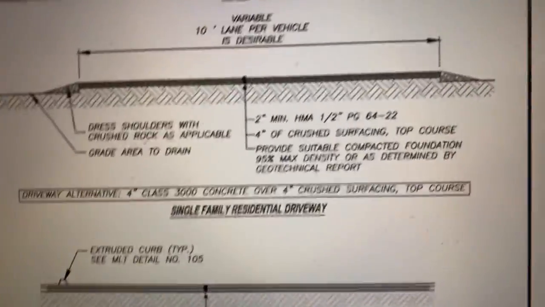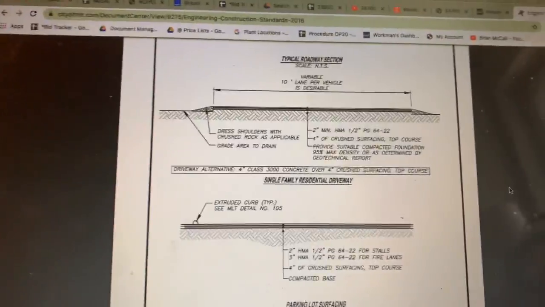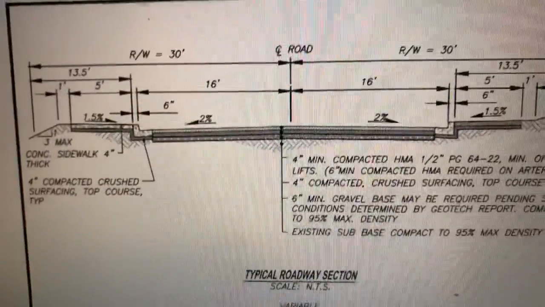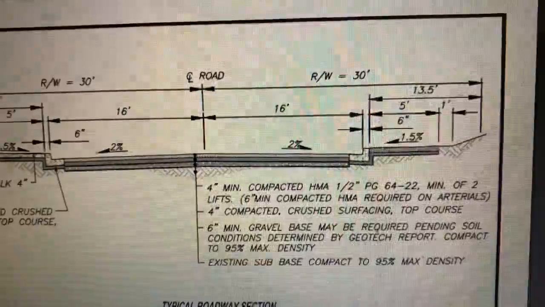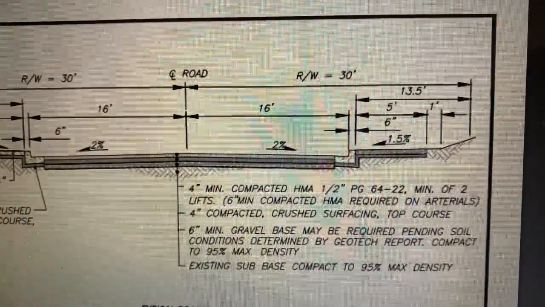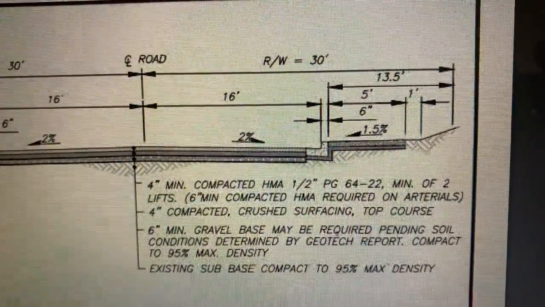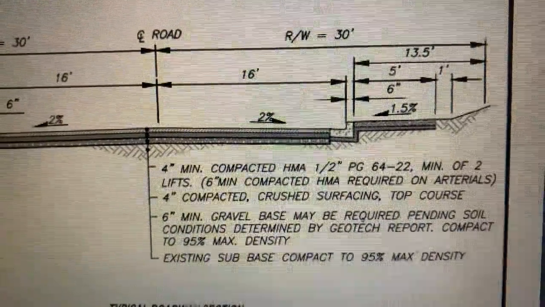what it looks like is that, and this doesn't seem like the right detail, but maybe it is. Oh, here we go. So what I'm assuming is that we'll have 4 inches of asphalt, minimum of 2-inch lifts, but it says 6-inch minimum compacted HMA required on arterials, 4-inch compact crushed surface top course.